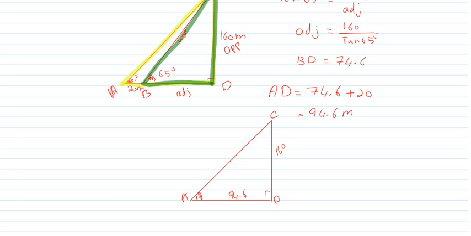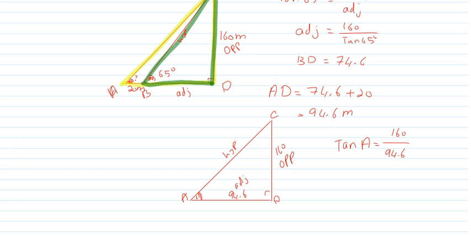Opposite. What would AD be with respect to angle A? Adjacent. And then this is the hypotenuse. I don't need it. So I know the opposite and the adjacent, so I'm going to use tan again. So that's going to be tan angle A equals 160 over 94.6.